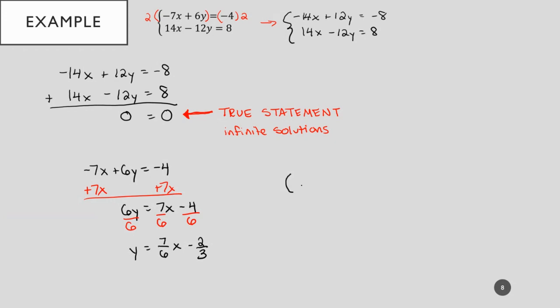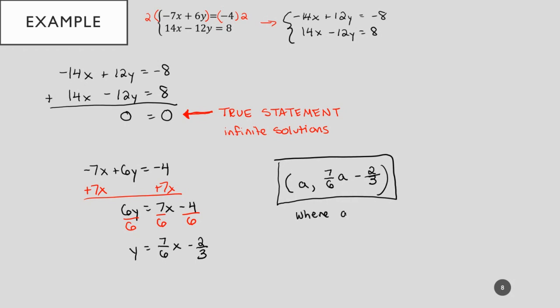So we write our ordered pair as a, and then everywhere we see x, we just write a. So you would have a, comma, 7/6 a minus 2/3. And you could put a little note where a is a real number.